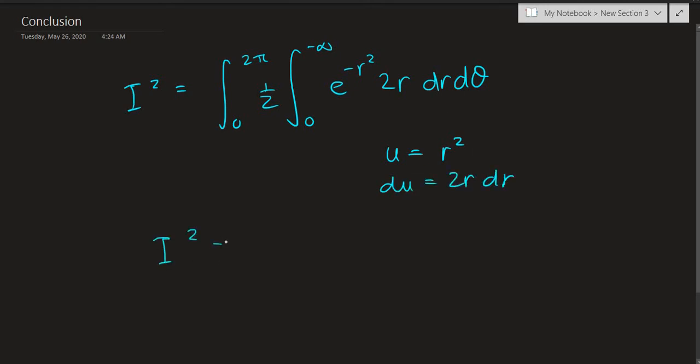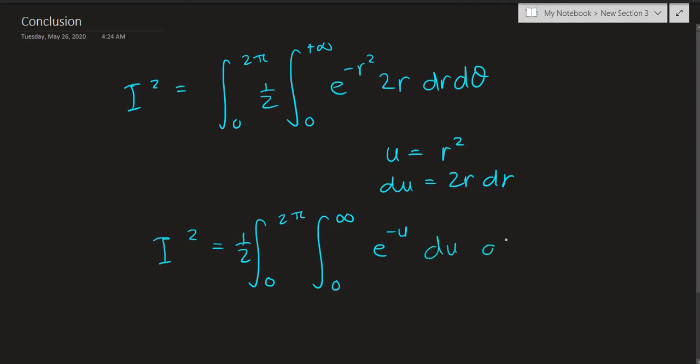You have that substitution. I squared equals the integral from 0 to 2 pi, half is outside, it's a constant anyways, and notice that the upper and lower bounds, 0 and infinity, remain the same. Sorry, this is positive infinity, and we have e raised to negative u times 2r dr, which is just du.